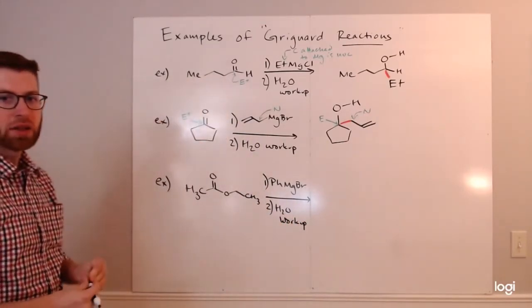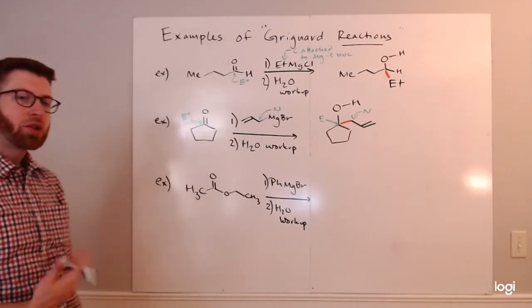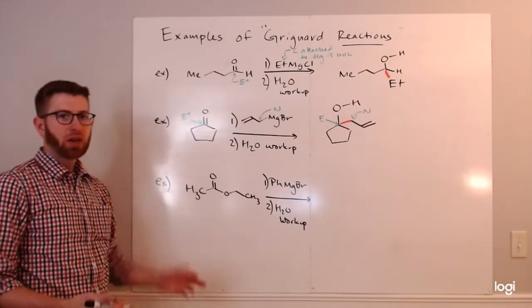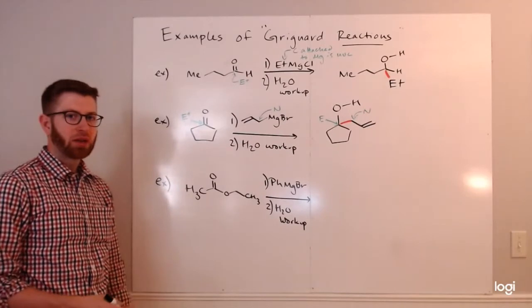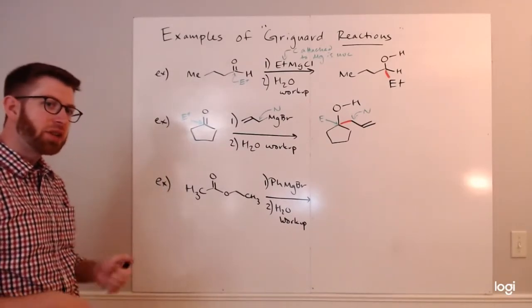All right, and so here, something a little bit interesting happens. If you actually run this reaction and then isolated the product and took an IR, you would see no carbonyl, but you would see an OH peak, which suggests to me that you've actually done 2 different additions.